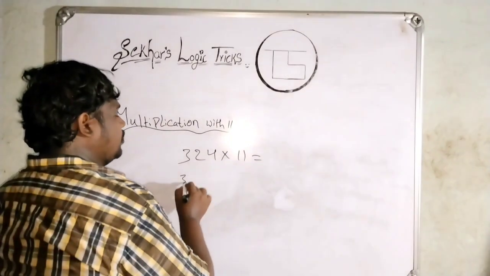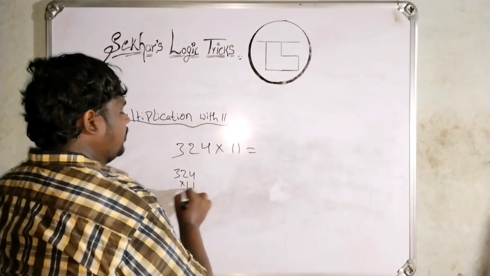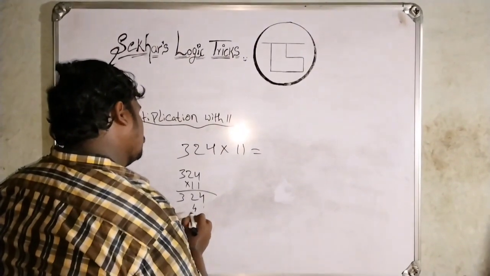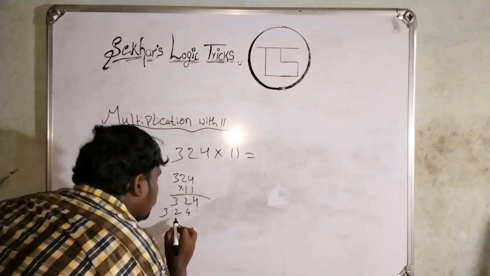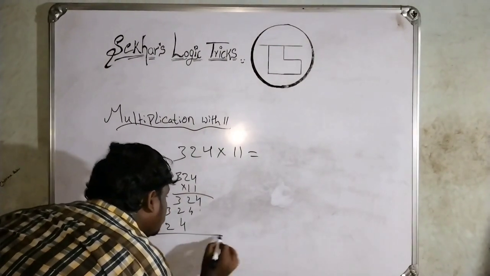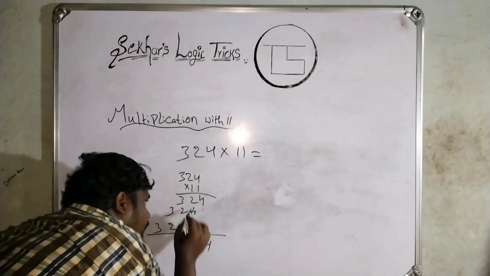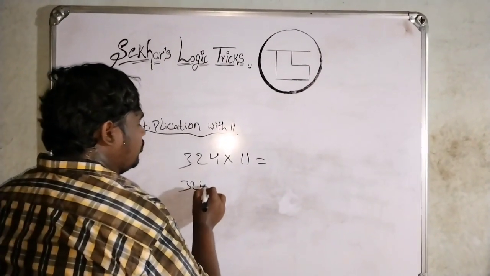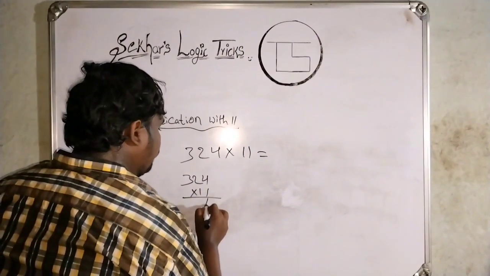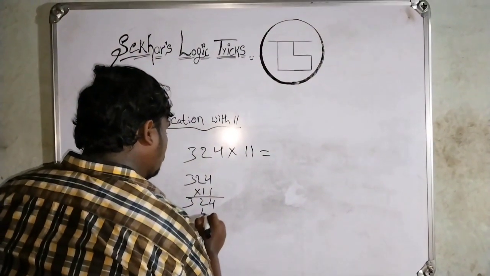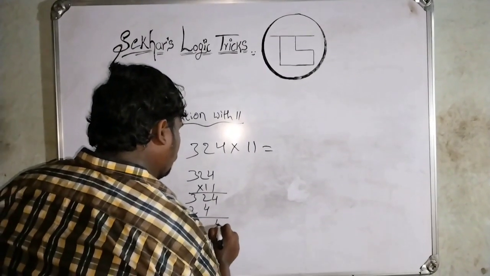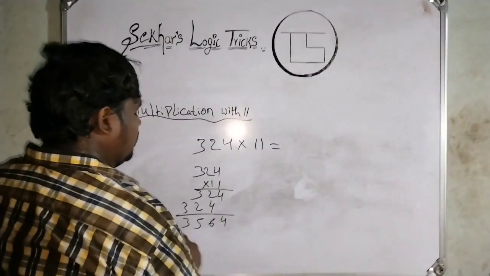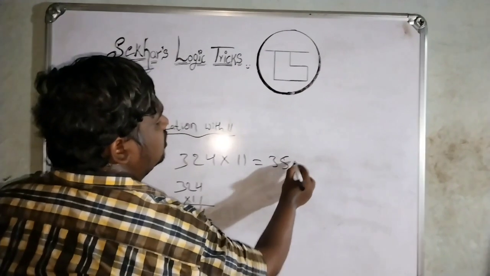Let us see. 324 into 11: nothing but 4, 2 plus 3, 4 plus 2 is 6, 2 plus 3 is 5, so 3 5 6 4. 3564 is the answer.